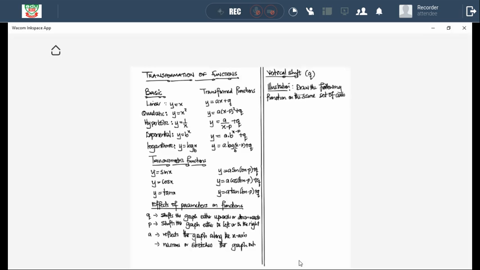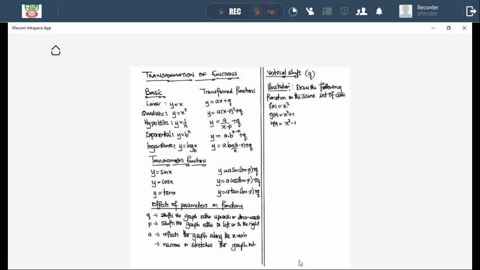I'm going to draw these three graphs. First one, call it f of x, and f of x is just x squared. The second one is g of x, which is x squared plus 1. Then h of x, which is given by x squared minus 1.